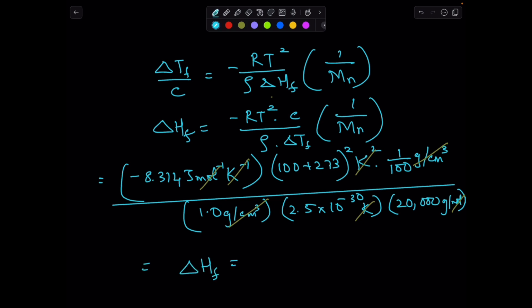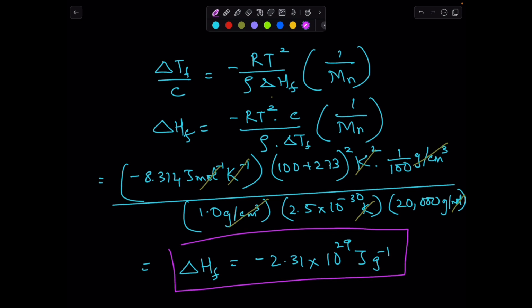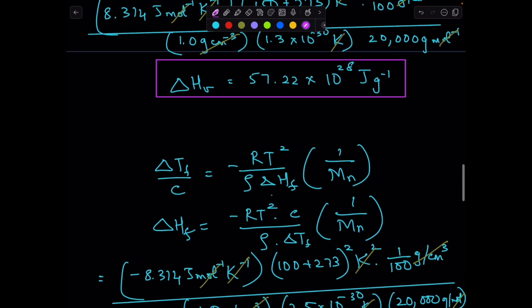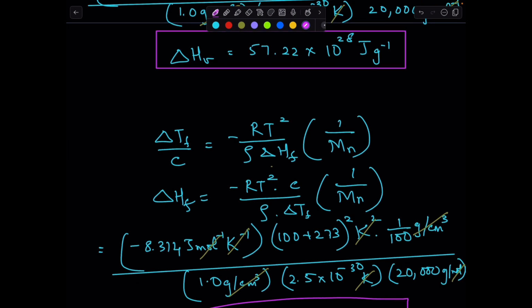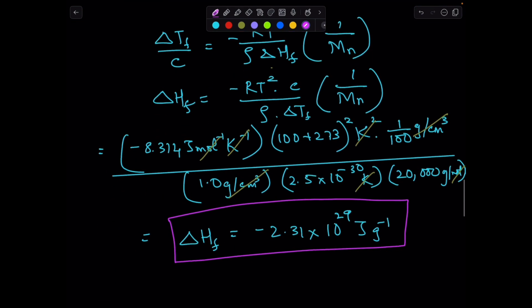That gives delta HF as negative 2.31 times 10 to the 29 joules per gram. Since the delta HF value is in the order of 10 to the 29 and delta HV is in the order of 10 to the 28, colligative properties in polymers, for elevation in boiling point and depression in freezing point, are very, very minimal.